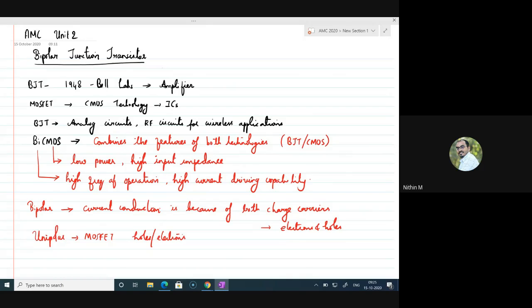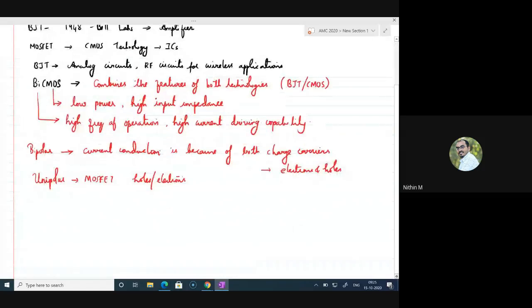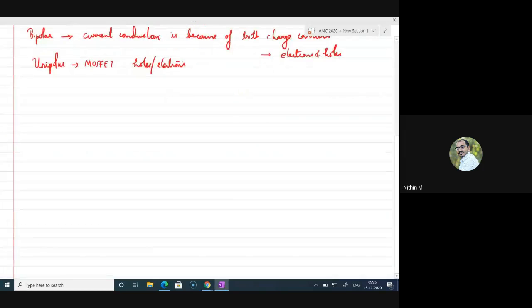Now, so I'll just come down. In this unit 2, we will be discussing the device structure. Let me ask you one thing, whether this red is okay and whether my writing is very small.